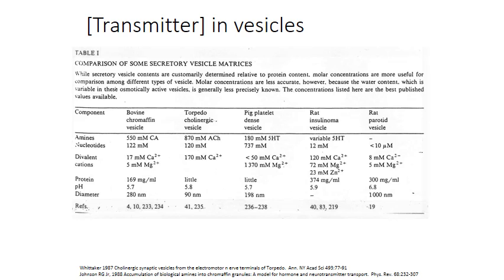These are numbers from biochemical extraction of transmitter out of purified vesicles from the torpedo electric organ, from chromaffin cells, from dense core vesicles in pig platelets, in insulinoma cells, and you can see very high concentrations not only of the transmitter itself, but also of nucleotides, ATP. So very comparable high concentrations of those and calcium. So very consistent across all kinds of secretory vesicles.